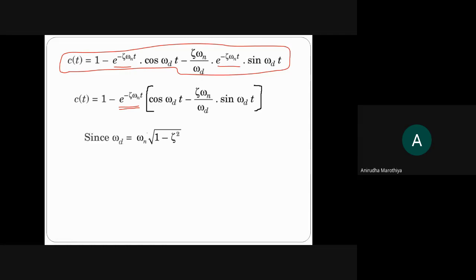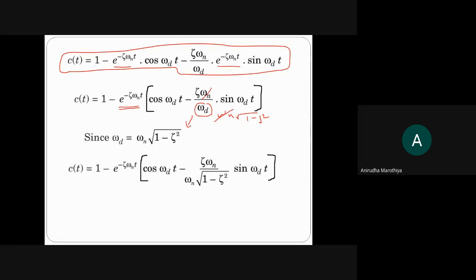Now, because we know that omega d is nothing but omega n under root 1 minus zeta square, if you replace omega d by this particular term, omega n under root 1 minus zeta square, this omega n will get cancelled and you will get this as an output. Are you getting my point?